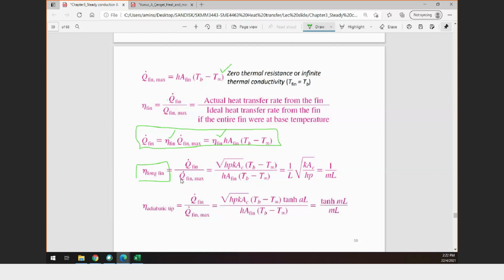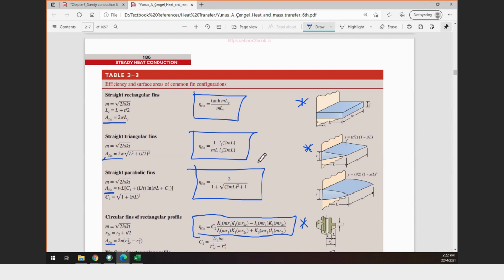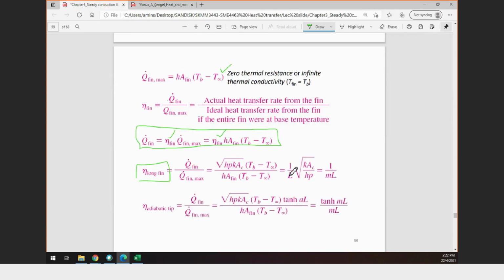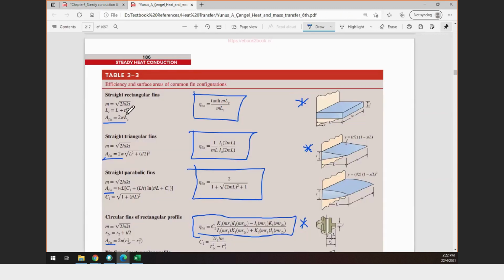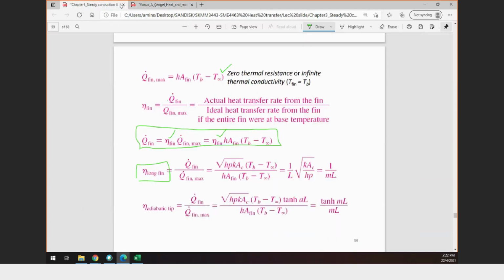Because if you look here, this equation equals 1 over mL. This is not available in the table, because this table is considering case number 4, the tanh(mL) function.